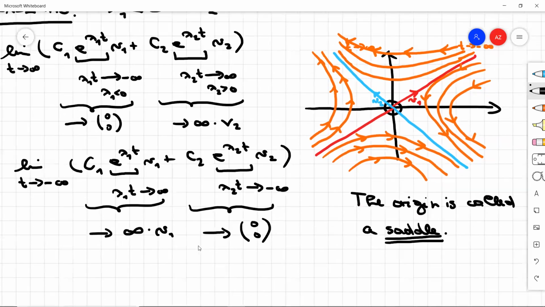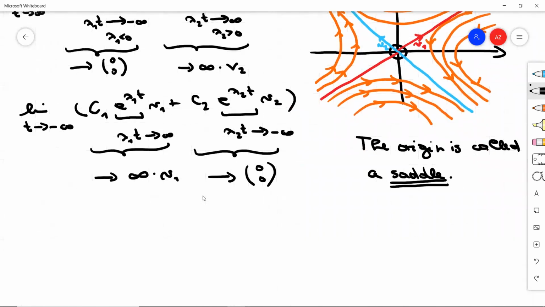Okay, and one numerical example. So we need a matrix A which has real eigenvalues of different signs. It turns out that one possible choice is 1, -3, -3, 1.